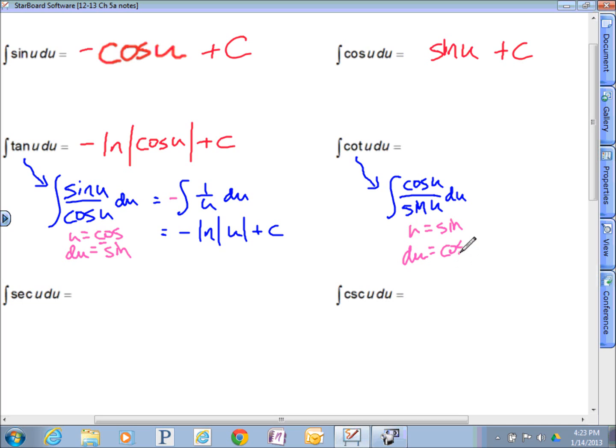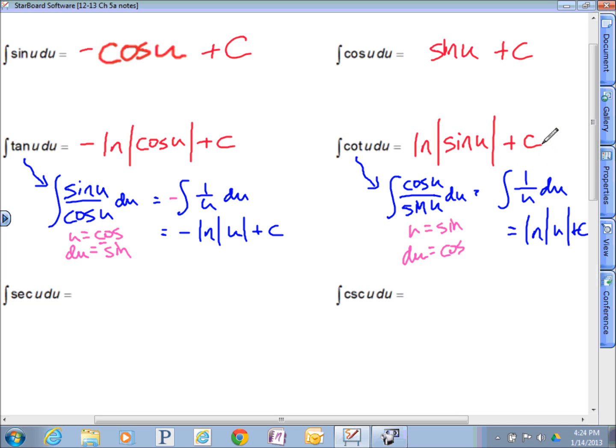I wouldn't need to throw anything extra in there. I'd end up integrating 1 over u du, which would be natural log of u, absolute value, plus my c. So now my integral of cotangent would be natural log absolute value of that denominator, which is sine of u plus my c.